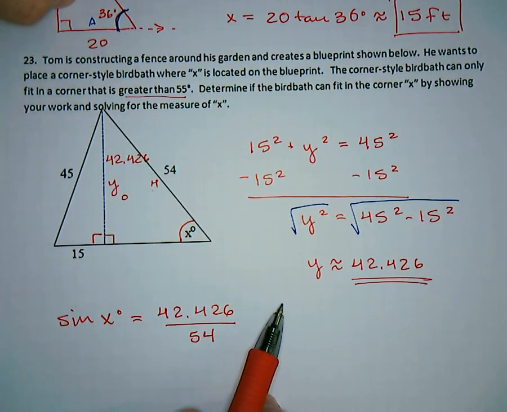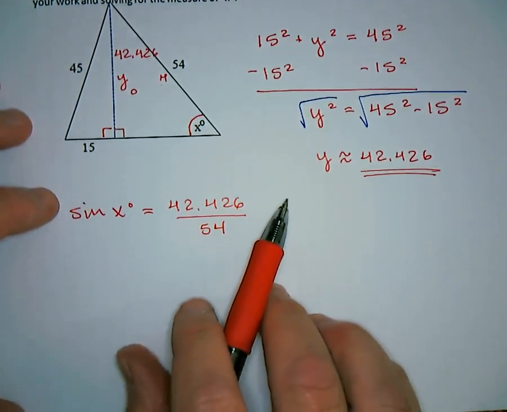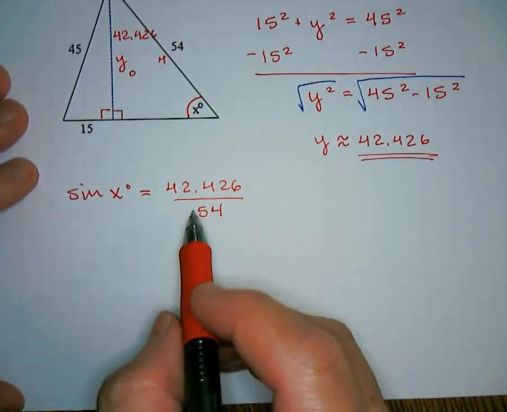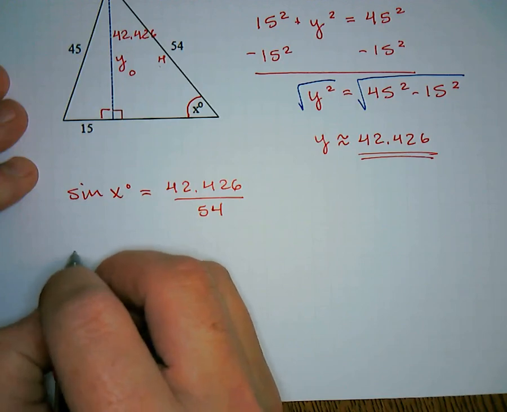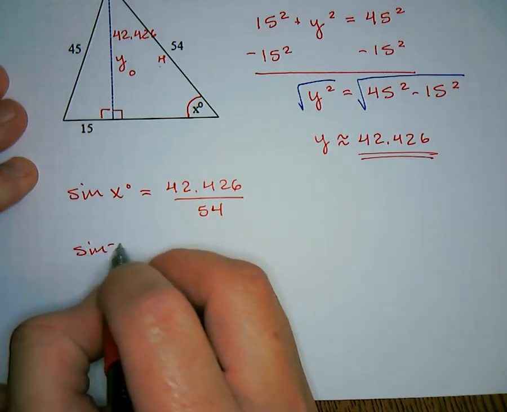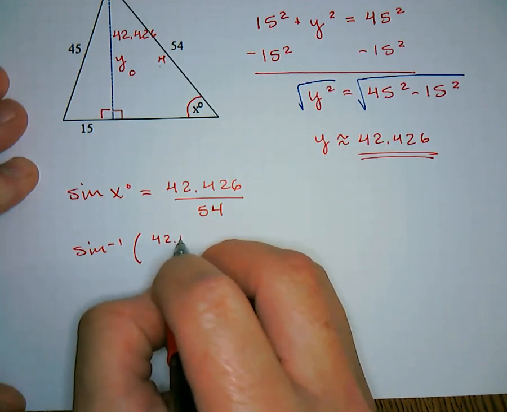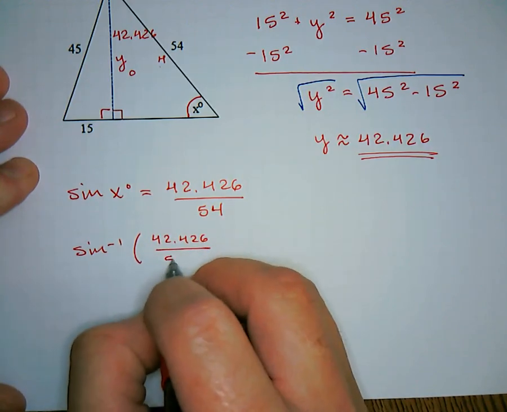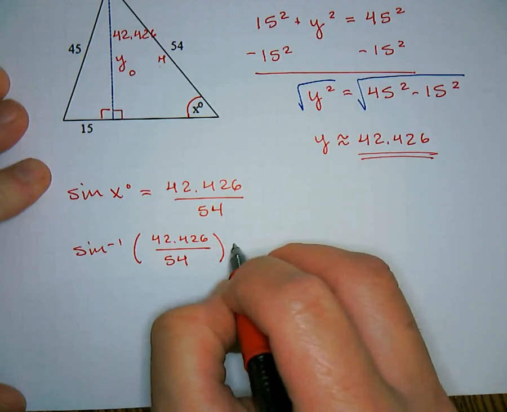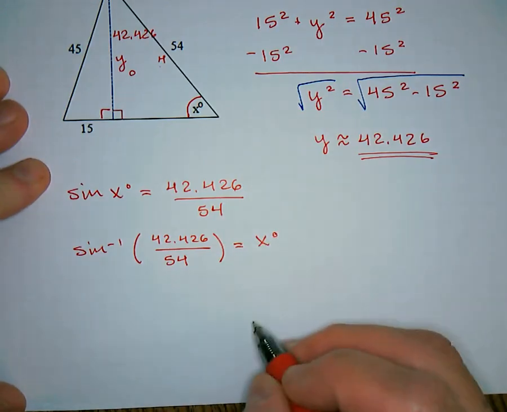So if we're missing an angle, we have to use the inverse functions here. So let's say that we've got the inverse sine of that ratio, 42.426 over 54, is going to be equal to our x degree angle.